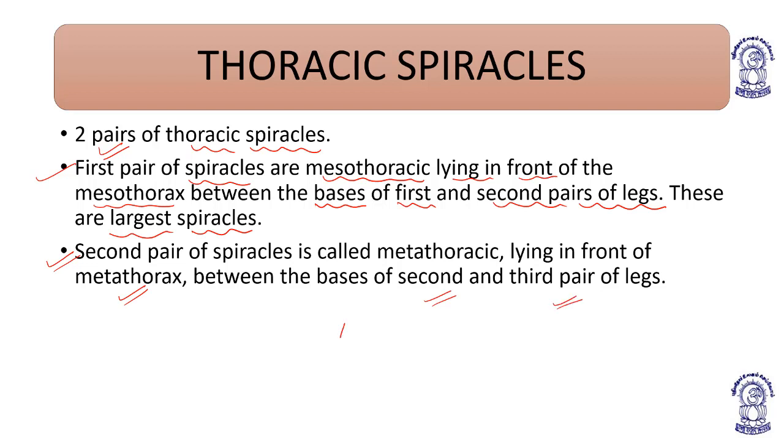So between first and second pair of legs, the first pair of spiracles, and between second and third, the second pair of spiracles. So these are thoracic spiracles. Spiracles are basically meant for intake of fresh air and release of foul air.